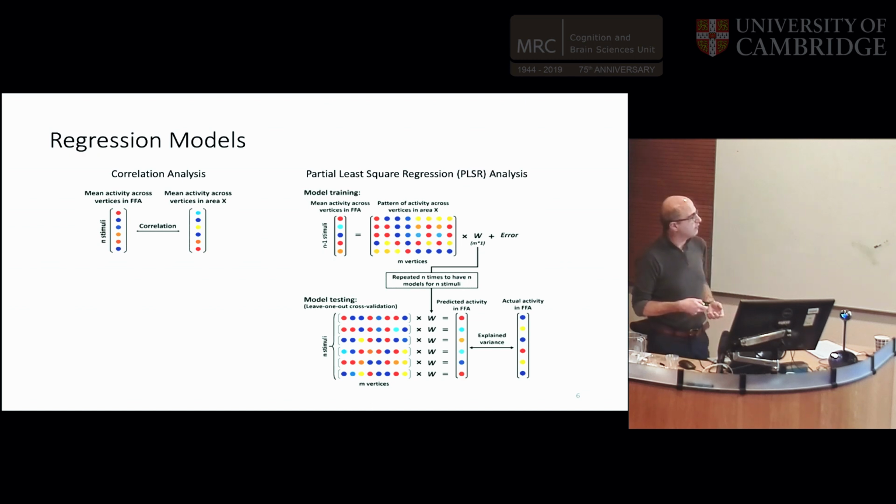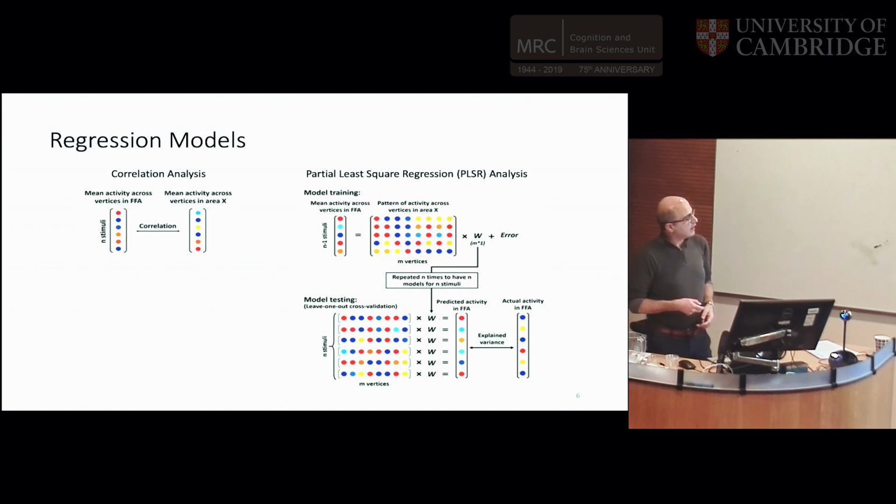Your dependent variable is a vector of 59 stimuli, and you have beta values here. Your independent variable is a matrix of 59 stimuli by the number of vertices in a given area, and then you estimate the weights for these vertices. So basically, we want to see how each individual vertex is contributing to the response in FFA.